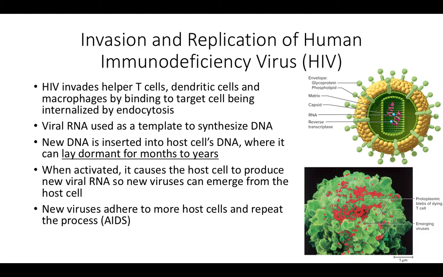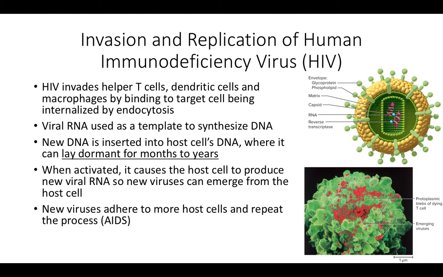All right, so this is the HIV virus, and we're going to talk about here how it invades and replicates in a host cell. So here is the virus, this entire thing, and it basically targets T cells, dendritic cells, and macrophages by binding to them and kind of tricking them into internalizing them.